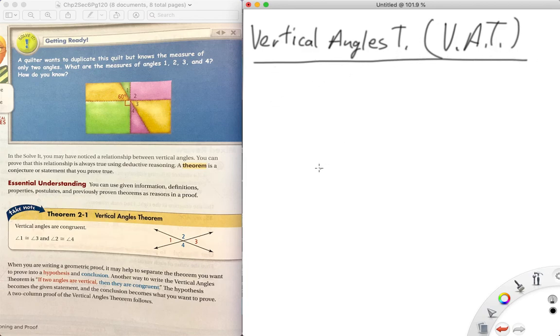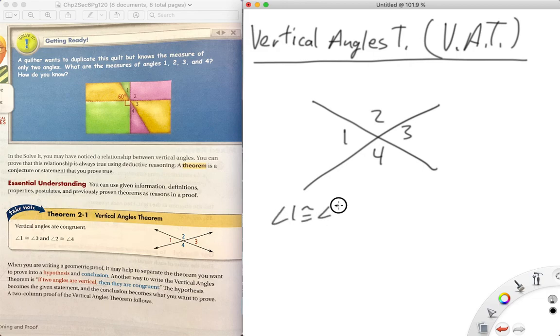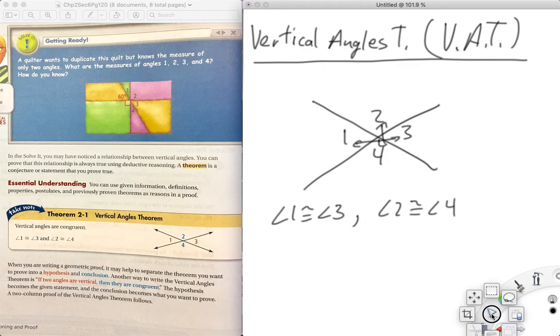And we have vertical angles 1, 2, 3, and 4. What the vertical angles theorem says is that if I have vertical angles 1 and 3, angle 1 is congruent to angle 3, directly across from each other. And angle 2 is congruent to angle 4, directly across from each other. Angle 1 is congruent to 3, angle 2 is congruent to 4. Vertical angles theorem. We will use this a lot.